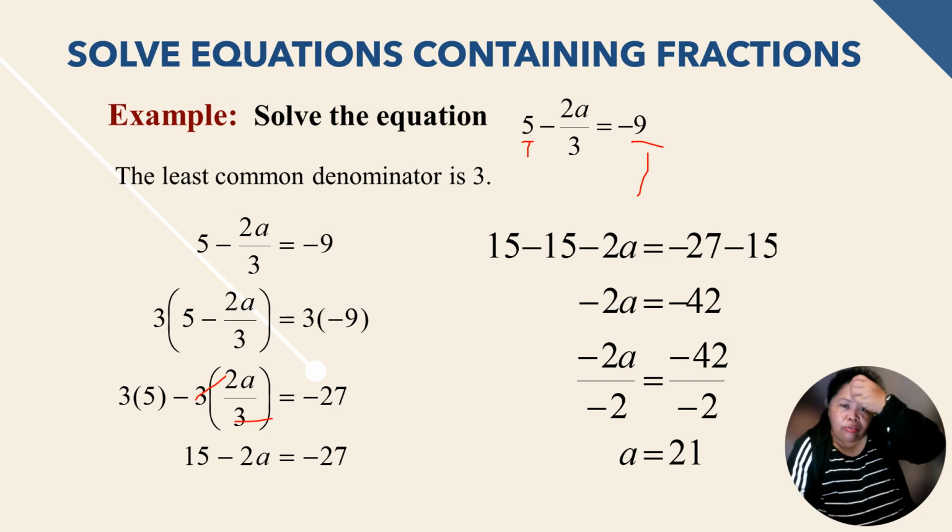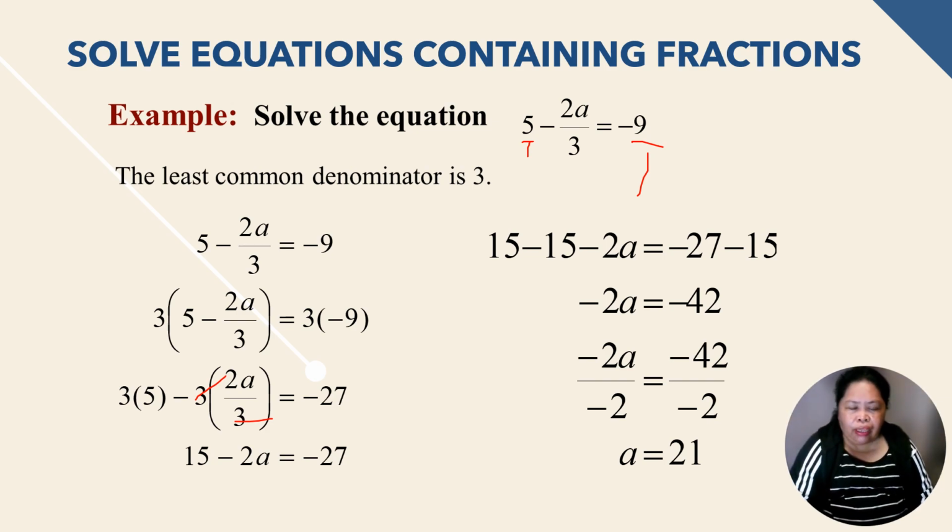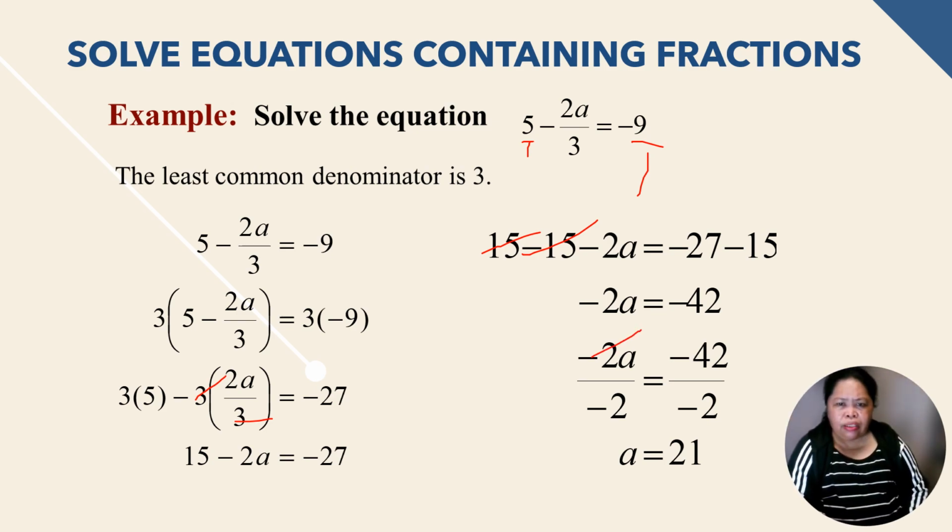And then here we add -15 to both sides. So this one is cancelled already. So we have -2a equals 27 minus 15, that is -42, divided by -2. Okay, so -42 divided by -2 is positive 21.